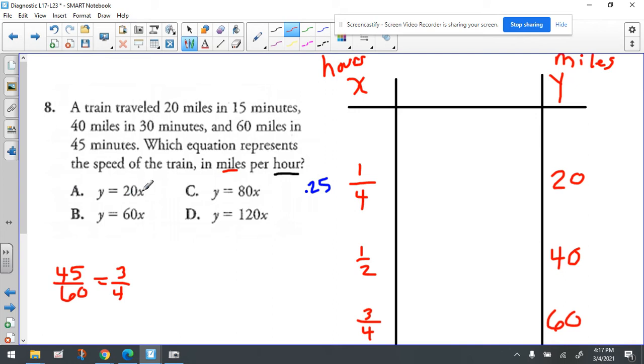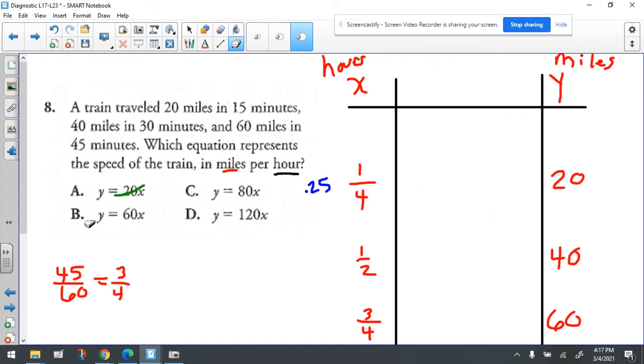The function there is 20 times x. So I'm just going to put it over here. If we do 20 and multiply it by 1/4, which is what x is in this case, does that equal 20? And the answer is no. If we do 20 times 1/4, that would equal 5, not 20, so we can eliminate that as a choice.